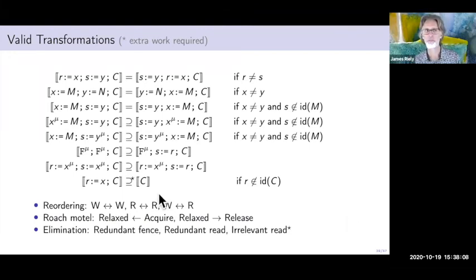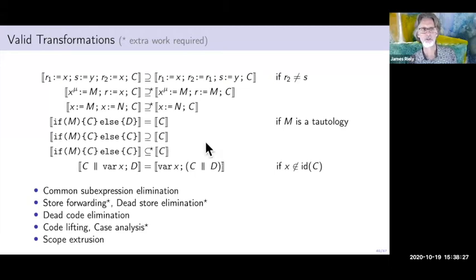One thing I'll point out is that irrelevant read elimination is actually not sound in the model I've shown you so far, because whenever I insert a read, I'm always adding a read event. So in order to do this, there's a little bit of extra work, which you can see in the paper. The same thing is true for removing writes. So we have store forwarding and dead store elimination in the paper.